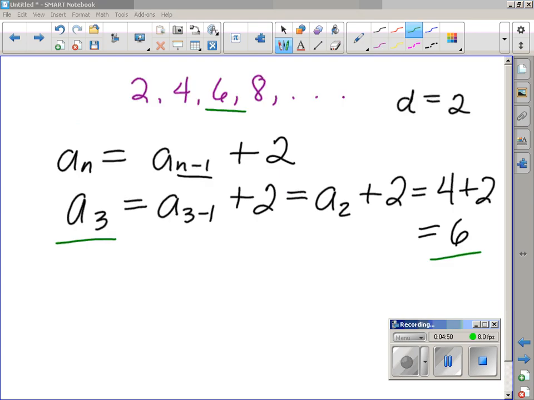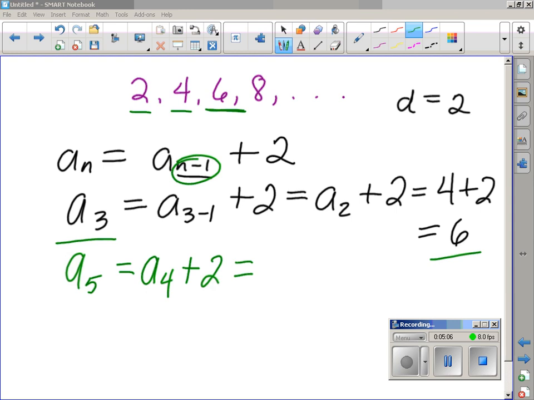All right, let's continue. Let's try again. To find the fifth term, well, here n is 5. So 5 minus 1 is 4. So I take the fourth term and add 2. What is the fourth term? First term, second term, third term, fourth term. The fourth term is 8 plus 2 is 10.